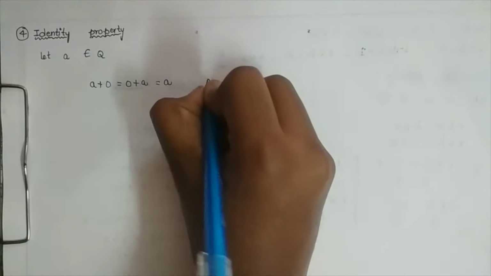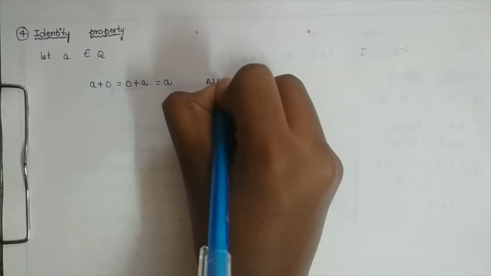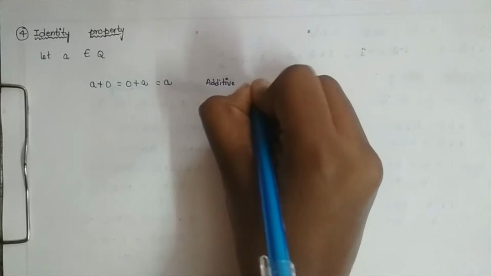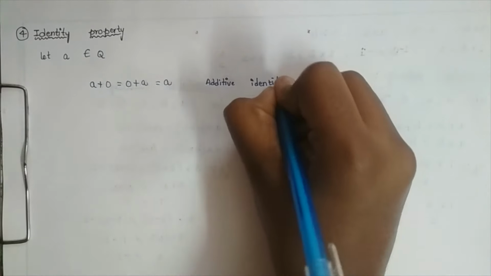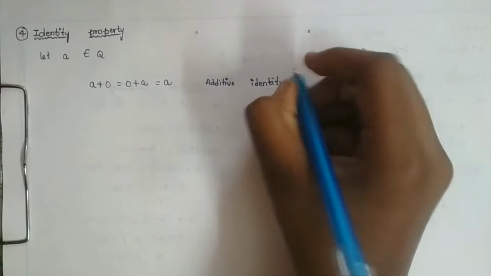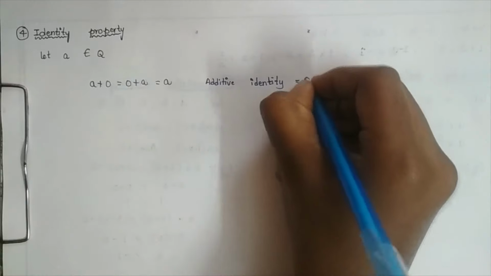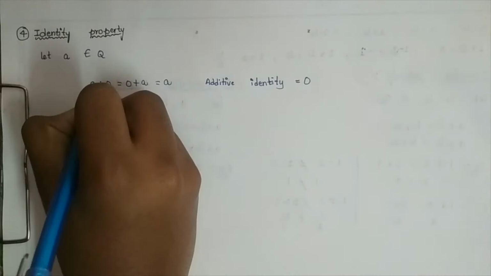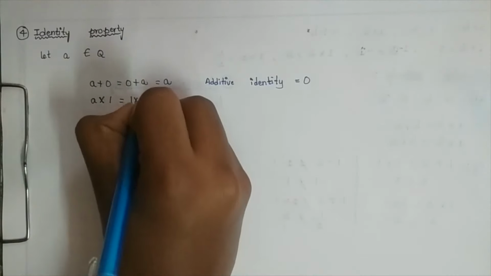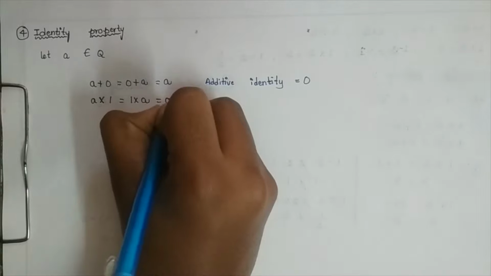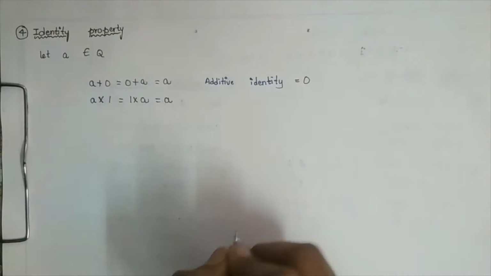So the additive identity is 0, and at the same time a into 1 is equal to 1 into a, it gives the same answer a.